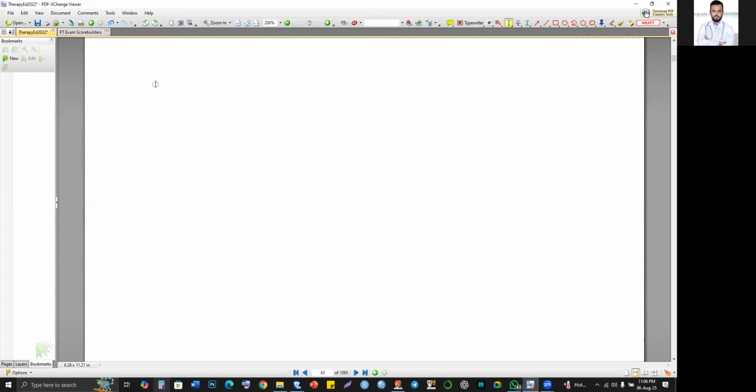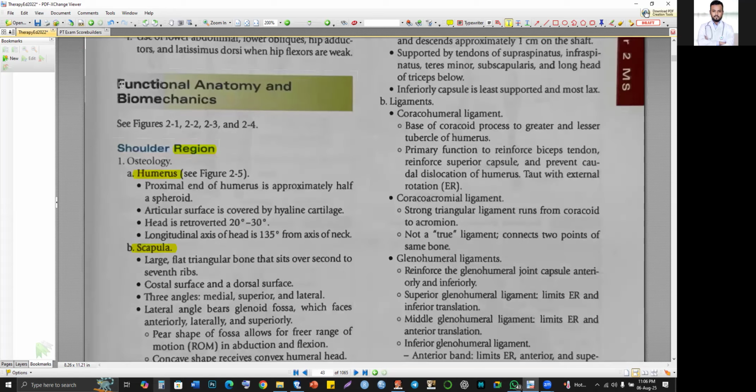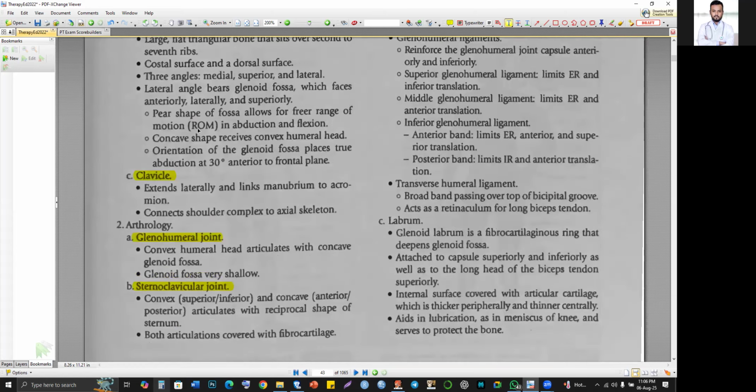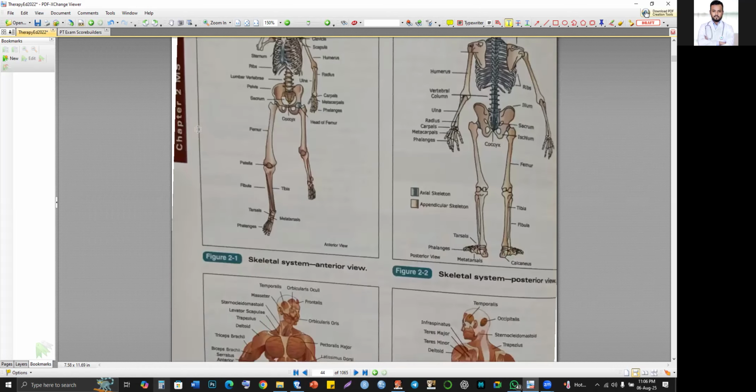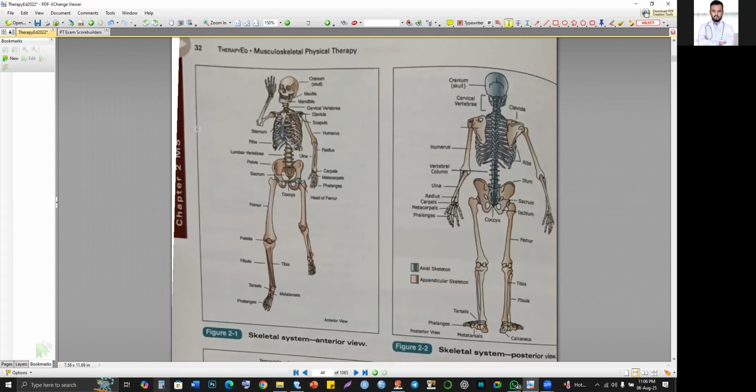At the start of this topic lesson, they said to see figures 2.1, 2.3, and 2.4. Here is the skeletal system, anterior view.